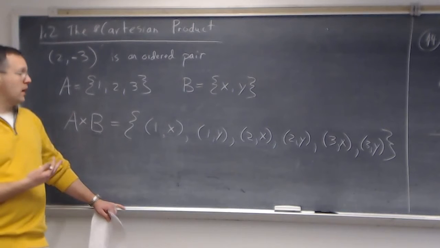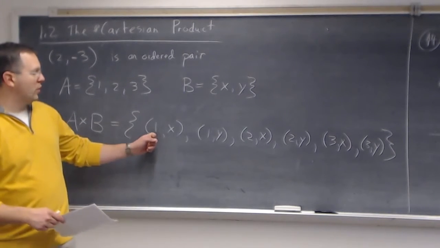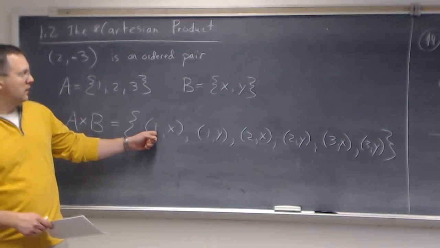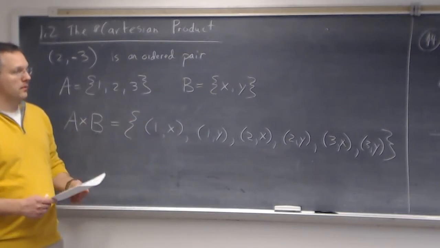So this is the Cartesian product of sets A and B. It's a set of all ordered pairs where the first coordinate is an element of A, and the second coordinate is an element of B.